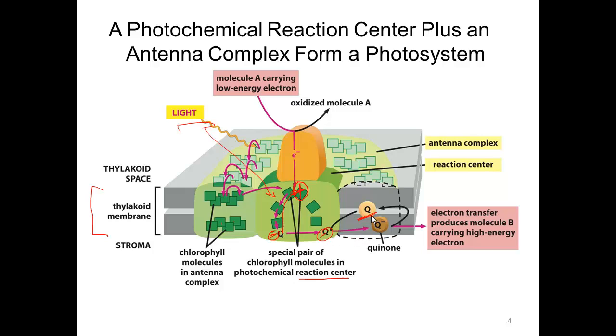Then when you've taken these electrons away, you still have the positive charge here. This electron will be replenished ultimately by splitting water, taking and ripping electrons out of water molecules, leaving you with an entirely neutral reaction center again.